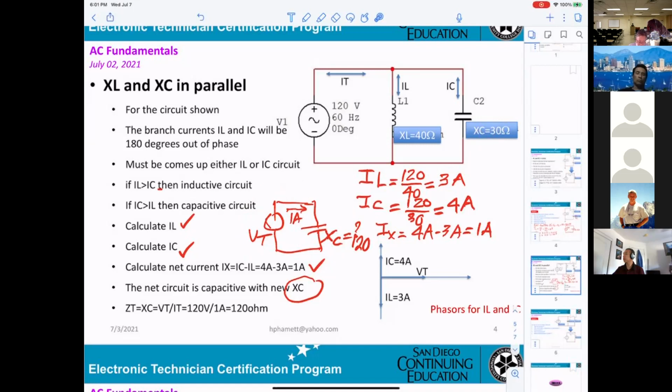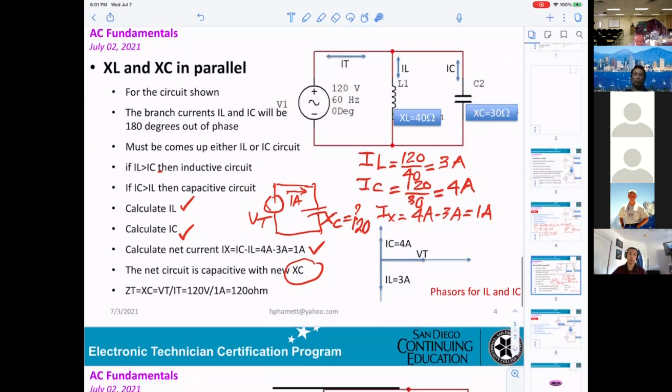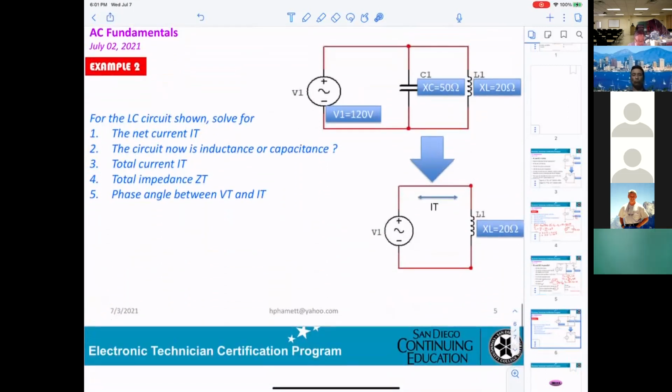To calculate it, you take the total voltage divided by the net current. That gives you the value for the new IC. Okay, to complete that, do this example for me.